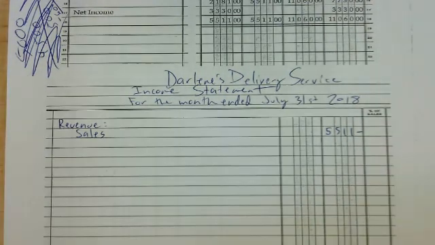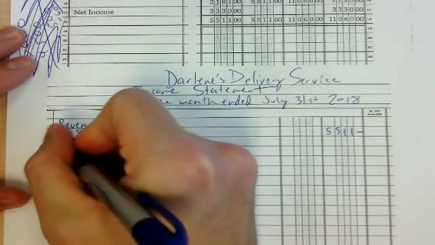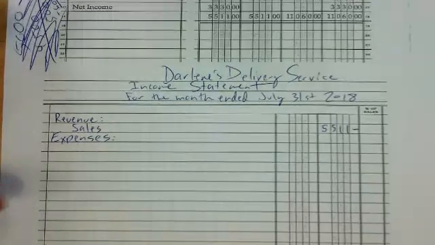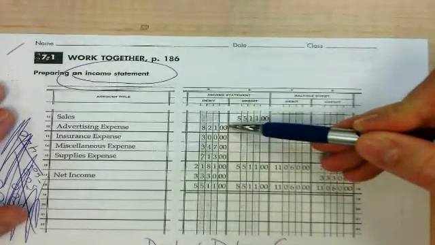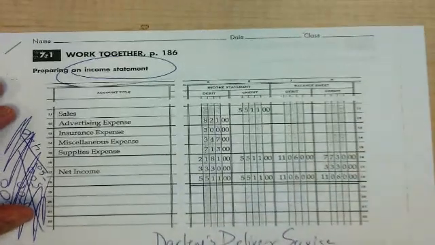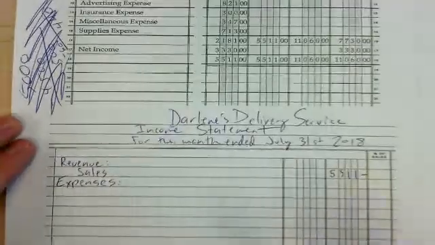All right. The next section is your expenses. So your next line, you write expenses, then you throw a colon in there, and then you're going to list all of your expenses and their balances in the left side.